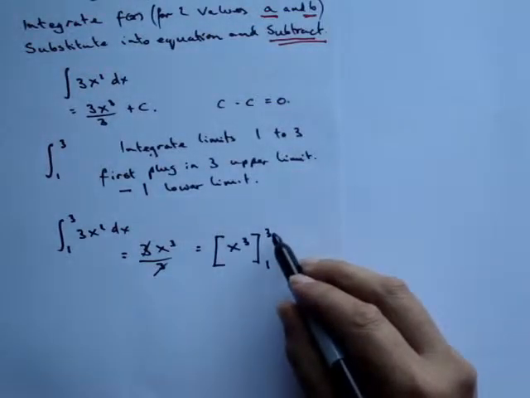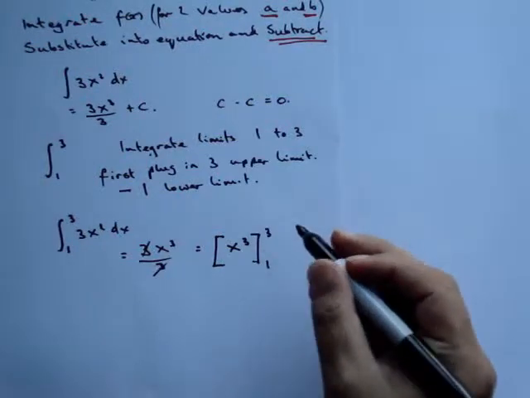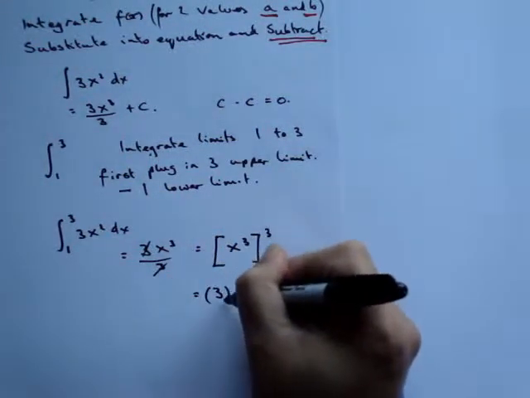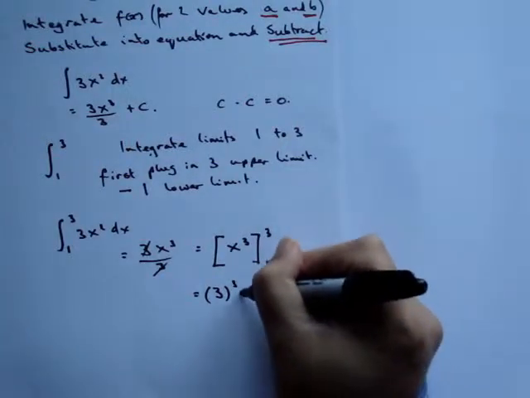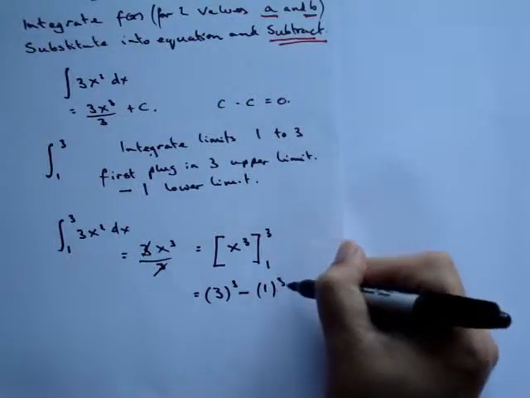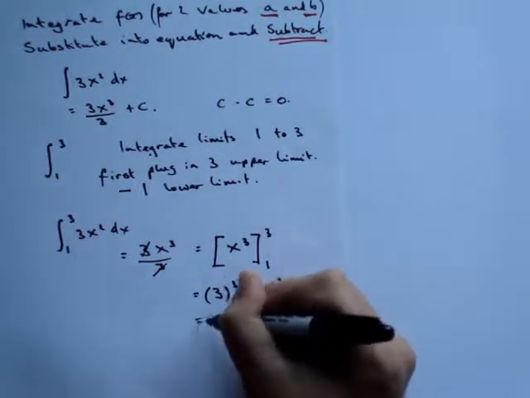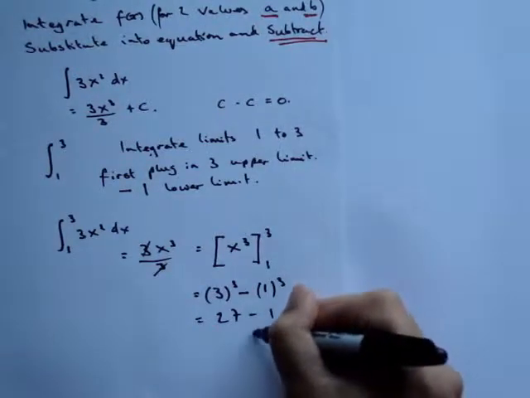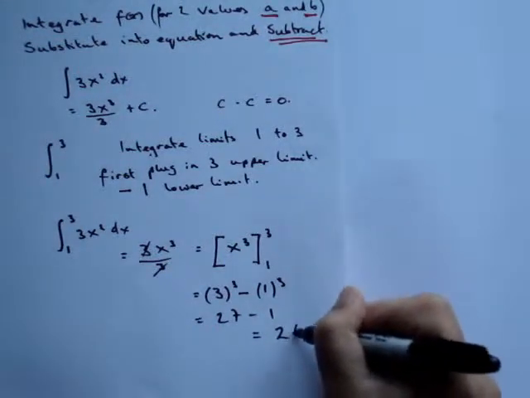So first of all we plug in 3 and we get 3 cubed, and then we subtract after we plug in 1, which is 1 cubed. We get 27 minus 1, and that equals 26.